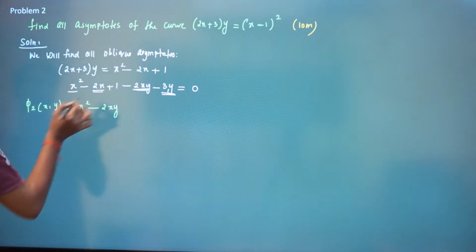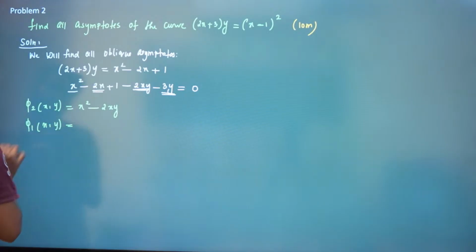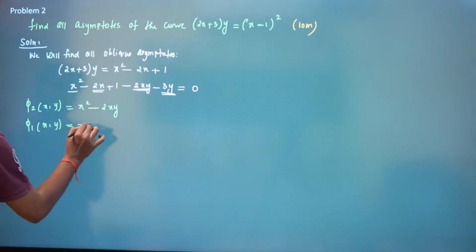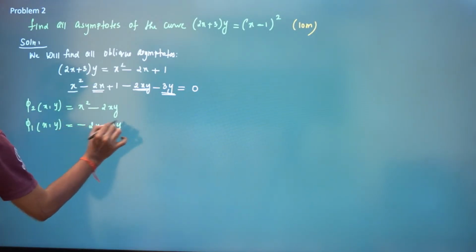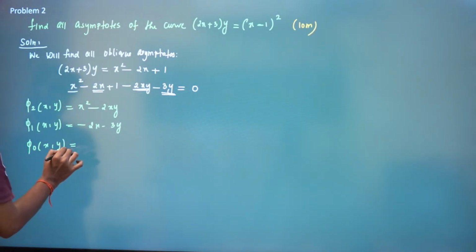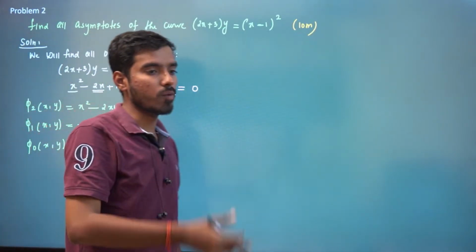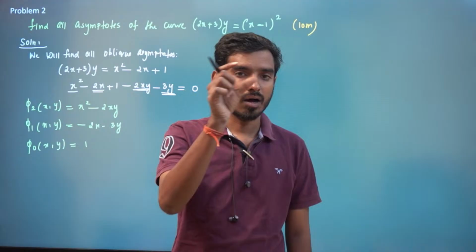Then you collect all degree 1 terms, given by P1 of x comma y, which is minus 2x minus 3y, and then the 0 degree term, which is equal to 1.